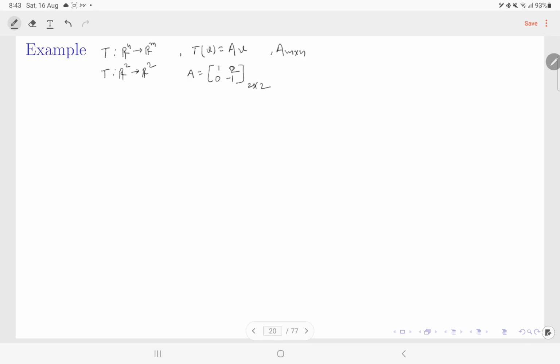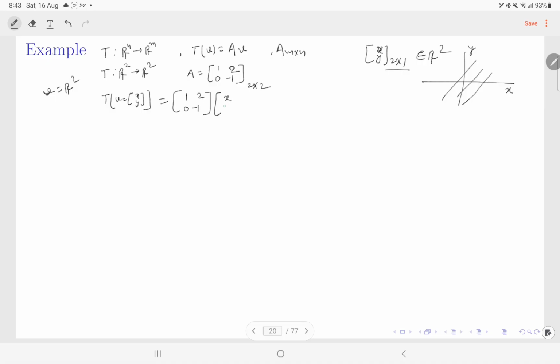This will be your 2 cross 2 matrix. Now you need to show this transformation T, let's say of V, which is x y, because this V is in R2. R2 means the vector size will be 2 cross 1, let's say x y. So this is 2 cross 1. This is your element of R2, x y. This is your x y plane, a two-dimensional plane. Now this can be written as 1 2, 0 minus 1, this is your A, and x y.